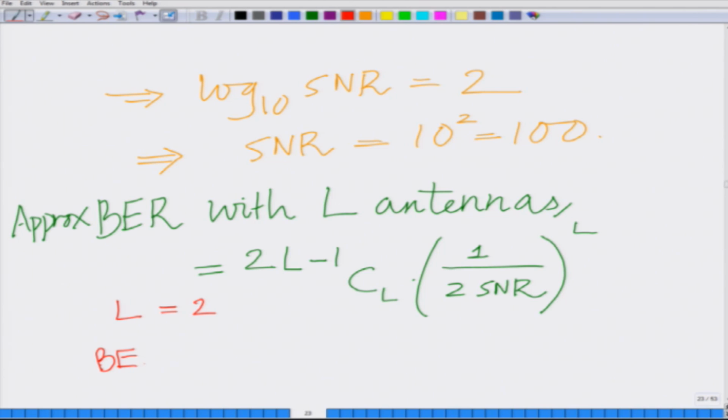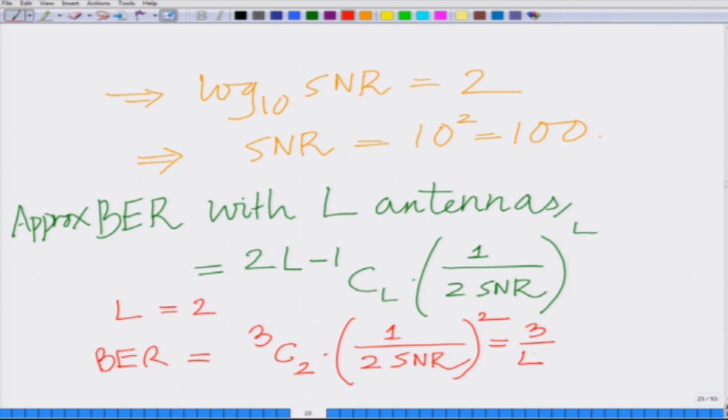Therefore, the bit error rate equals 2 times 2 minus 1, that is 3 choose 2, times (1 over 2 SNR) raised to the power of 2, which is equal to 3 divided by 4 times 1 over SNR square.